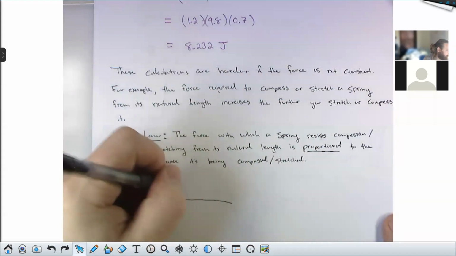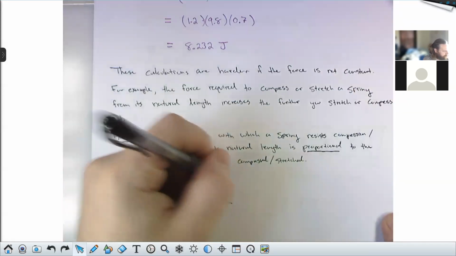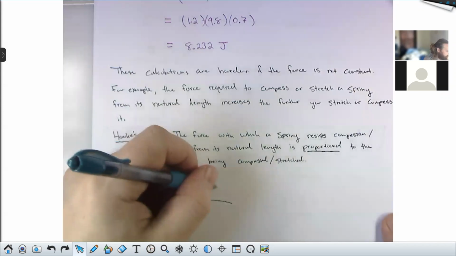Right, so if I wanted to stretch this guy, say out to here, let me draw it in a different color.